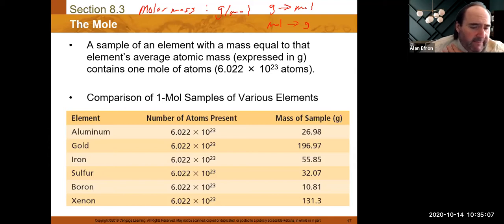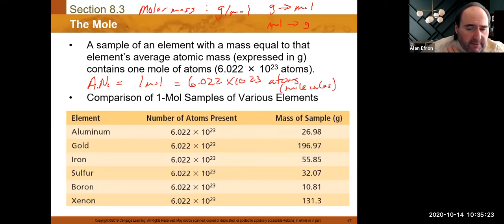We also saw Avogadro's number, and Avogadro's number is 1 mole of anything is basically 6.022 times 10 to the 23. These could be atoms in terms of the units. They could also be molecules if you're dealing with molecules. They really can be any unit you want, but obviously atoms and molecules are the two common units that we use here in chemistry.